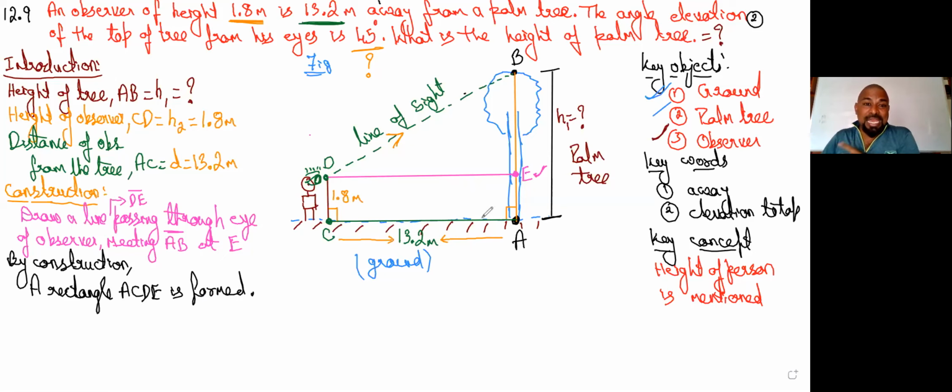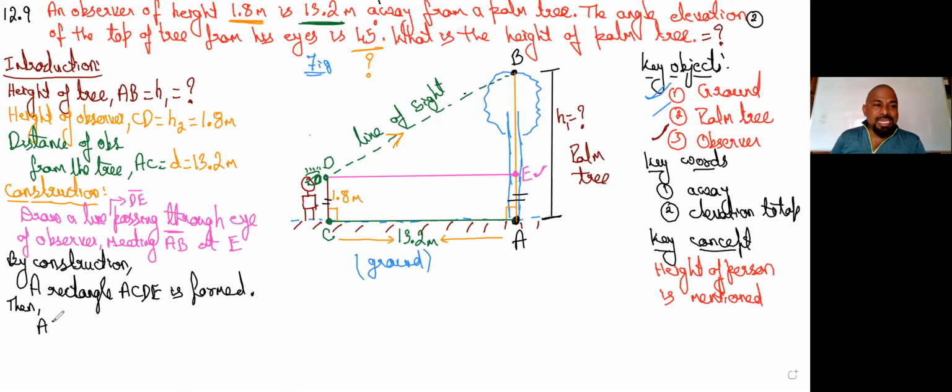Which is the rectangle? ACDE, right? Which implies, as you all know, in a rectangle, opposite sides are equal. Right? Opposite sides are equal. So which two sides are equal? If you check it out, these two sides are equal.